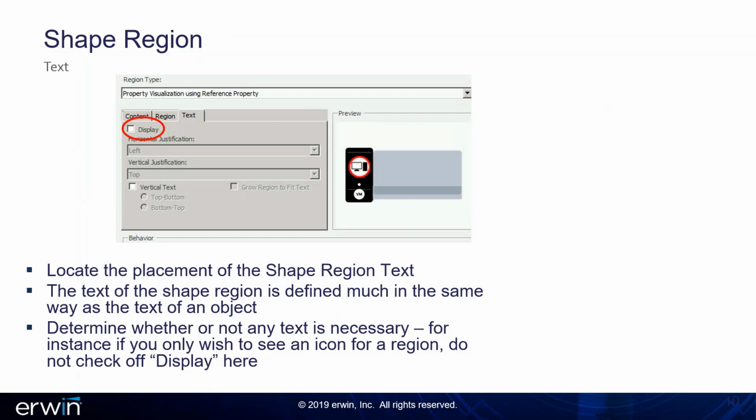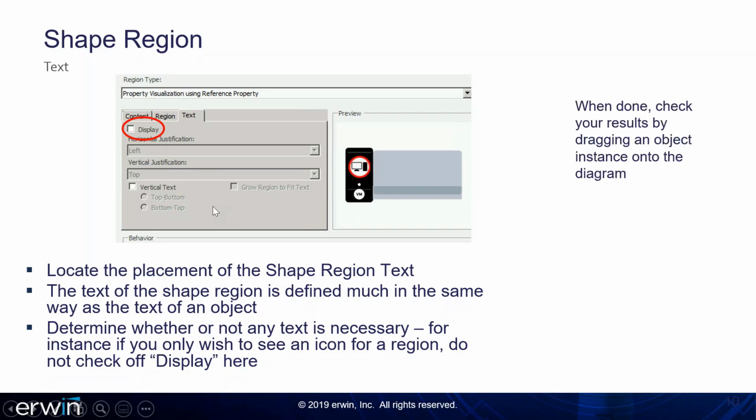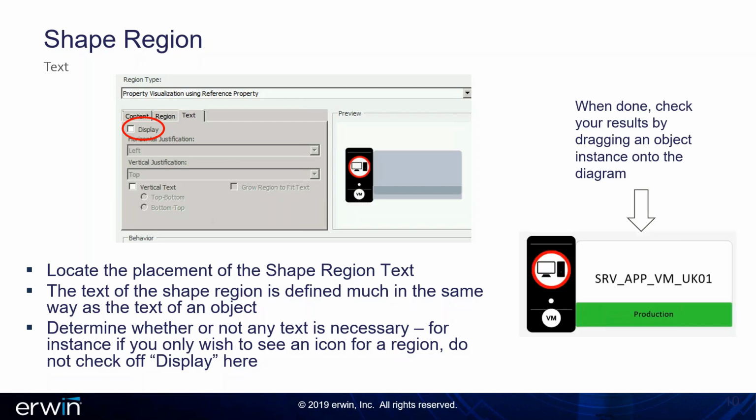Lastly, the text. So the text needs to be placed on the shape region, either displayed or not displayed. So you can choose whether or not something should be displayed. It's done much in the same way as you would determine where text goes for an object. The placement is very similar. And if you don't wish to see anything, just uncheck the display box. And when you're done, check your results by dragging an object instance onto the diagram, and then you can actually see how it looks with all of its properties, and of course the size of the object as well.